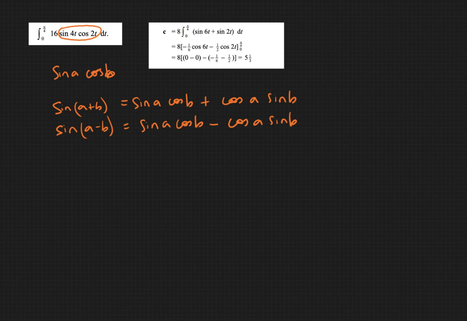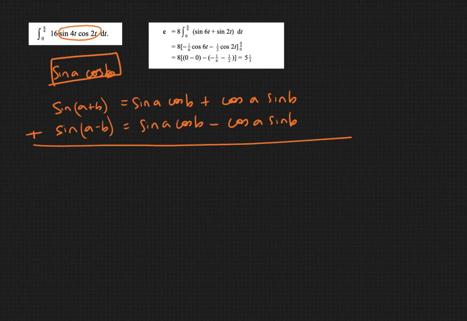What you might notice here is this sine A cos B, something that we have within both of these. We're going to need to simplify these, so we treat them like simultaneous equations in a way, and we're going to add them up.